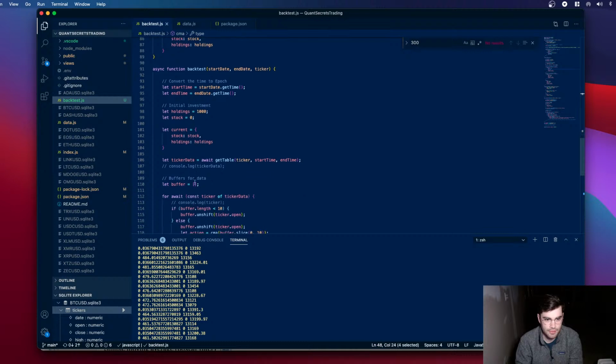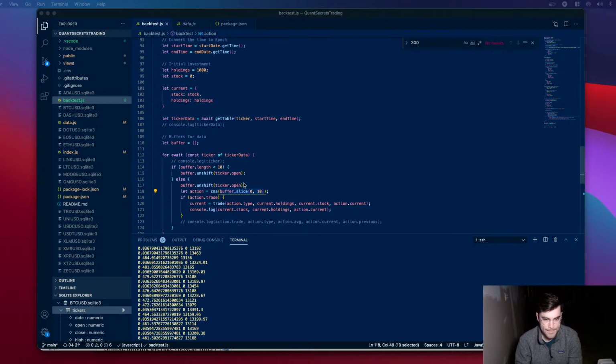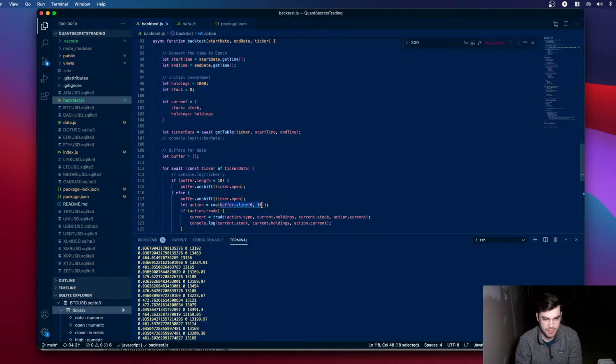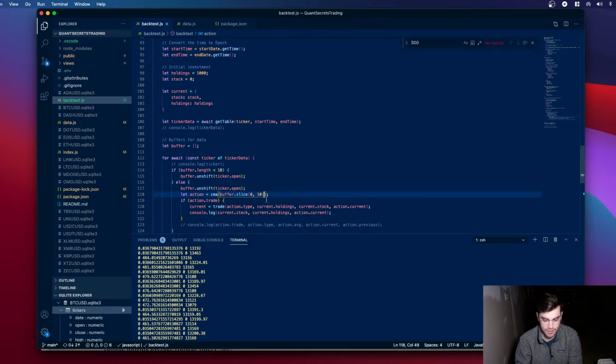Backtest, ticker data. Instead of passing the array and doing the average, I'll just pass in the average.